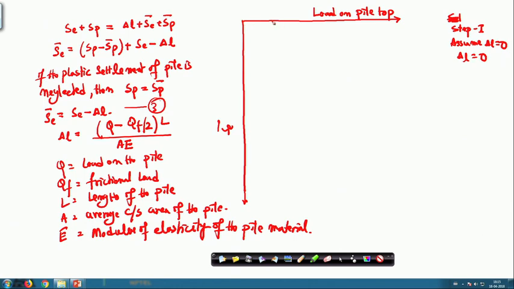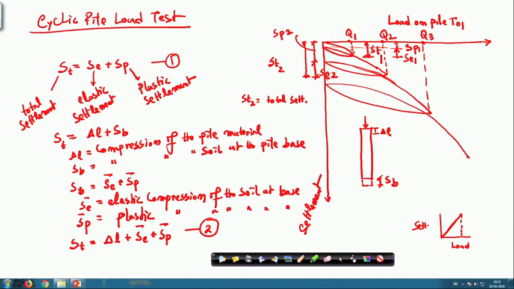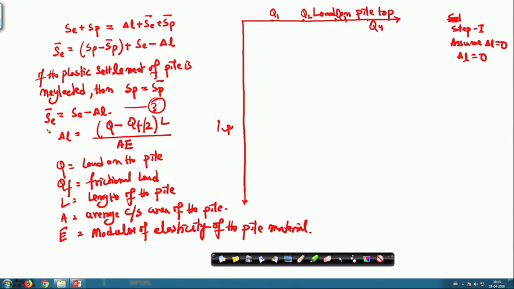Suppose you have increments Q1, Q2, Q3, Q4 and so on. From this original graph, corresponding to Q1, Q2, Q3 and Q4, you will get the AC value. That AC value will be equal to AC bar for step 1, because we have assumed that del L is equal to 0.